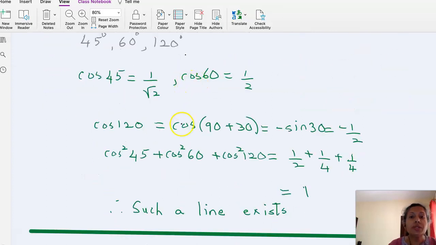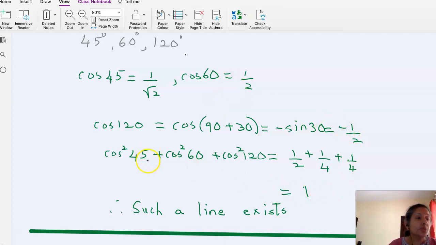That will be cos of 90 plus 30. Second quadrant, cos is negative and we are on the vertical axis, so cos changes to sine, minus sine 30, that is minus half. And we use the property cos squared alpha plus cos squared beta plus cos squared gamma. That will give you 1 by 2 plus 1 by 4 plus 1 by 4, which is 1.